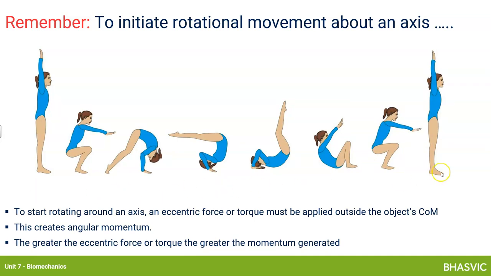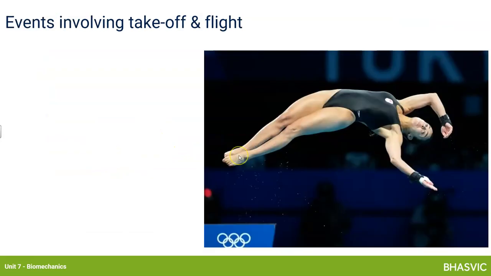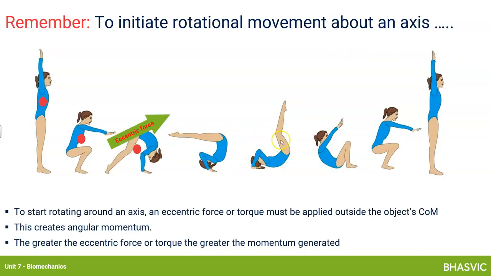The same would be true of this forward roll example here, of course. Center of mass is here, slightly moves forward as the gymnast begins to initiate their roll. They push off the ground. An eccentric force is applied behind or above the center of mass, creating that rotational motion, and then they carry on the spin there.